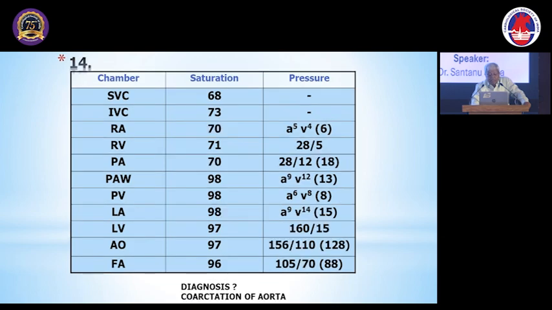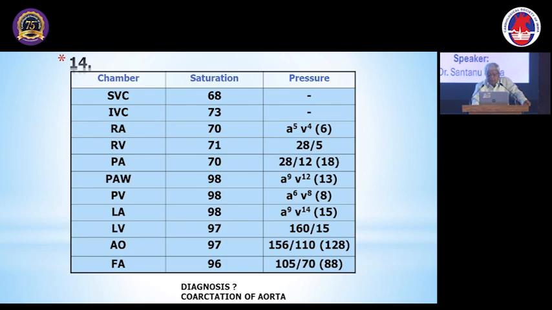There is an oxygen step up at the pulmonary artery level. Most commonly we find it with PDA. But with PDA we also expect a widening of the pulse pressure, which is not there. We can also find it with RSOV opening into a pulmonary artery.